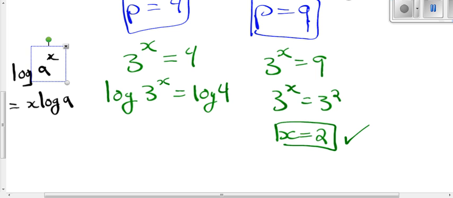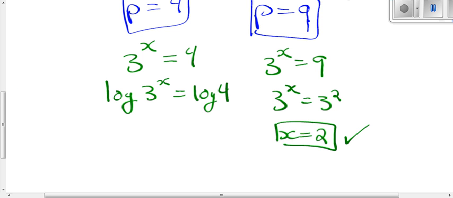So this little guy over here can be up there, or in the front, right? That means the same thing. So we're going to use that log rule and rewrite this as x log 3 equals log 4.